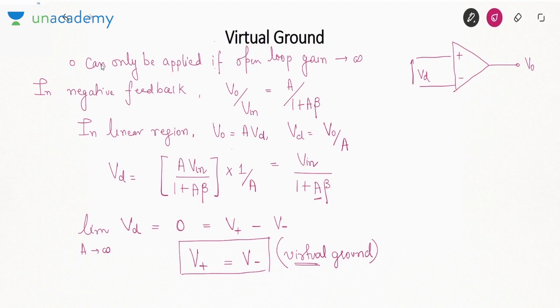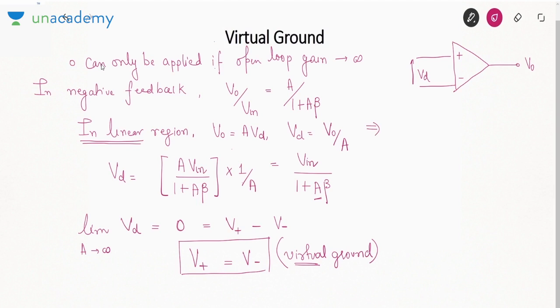We can assume that both terminals are shorted together, because same voltage means short circuiting. But remember one thing that I have told you, this concept can only be applied when your open loop gain is infinite. Also I have assumed that the Opamp is operating in the linear region.